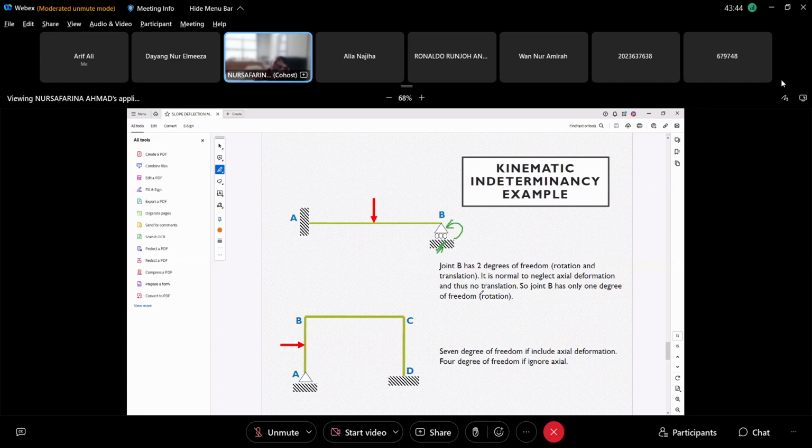So dia ada satu, sini ada satu, 2, 3, ni ada 4 lah. Ni 6, masuk axial. Okay, kalau kita ignore lah, so dia jadi 4.